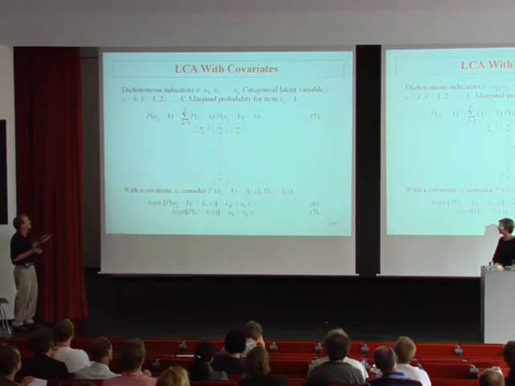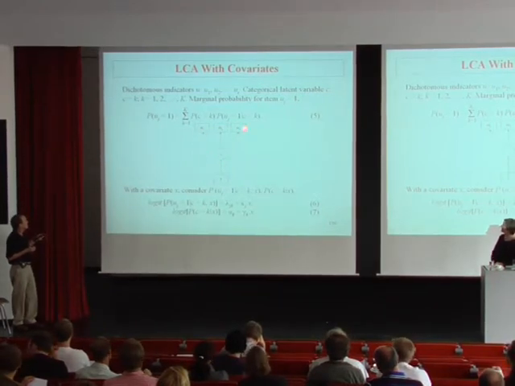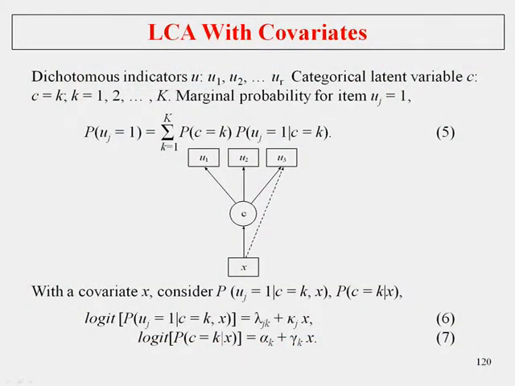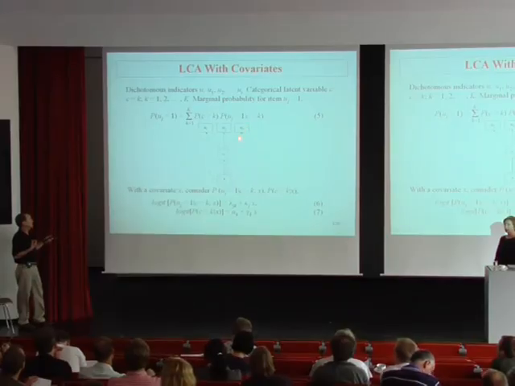So you have this situation where, if you have a direct effect from x to u3, you do not have measurement invariance for u3 with respect to x. And the way you think about this is that the probability of answering yes here is not only a function of the latent class membership, but also a function of the gender that you have.